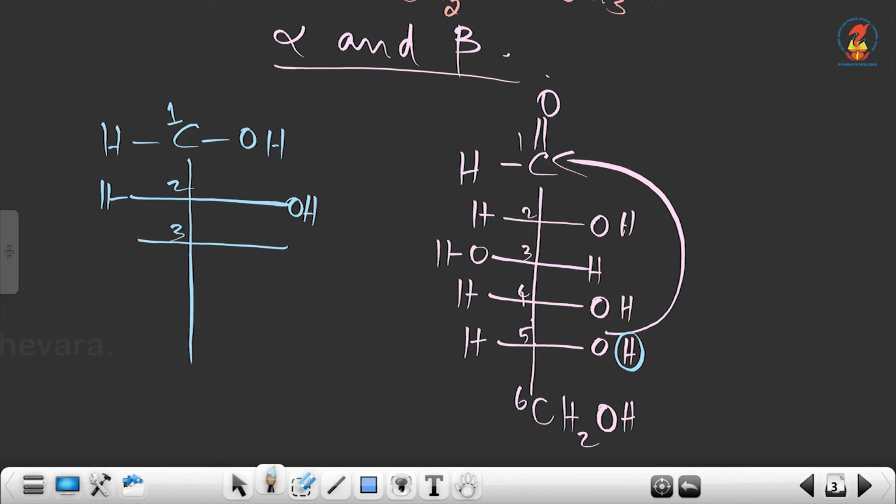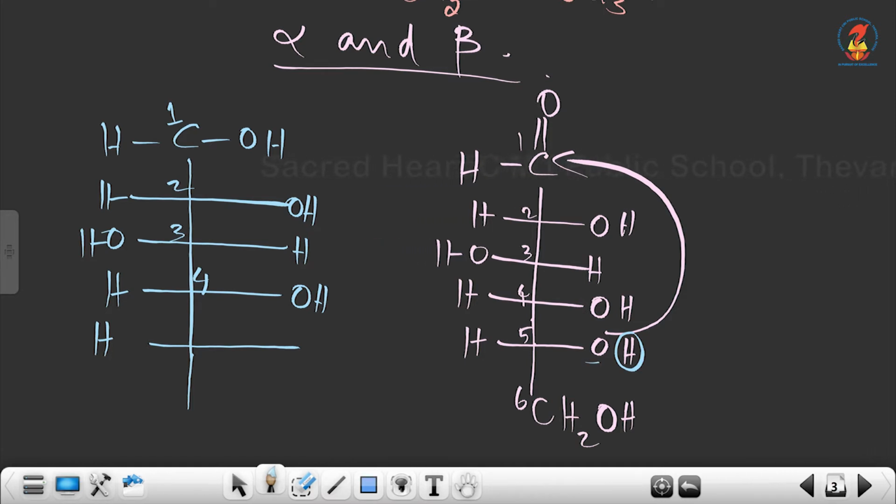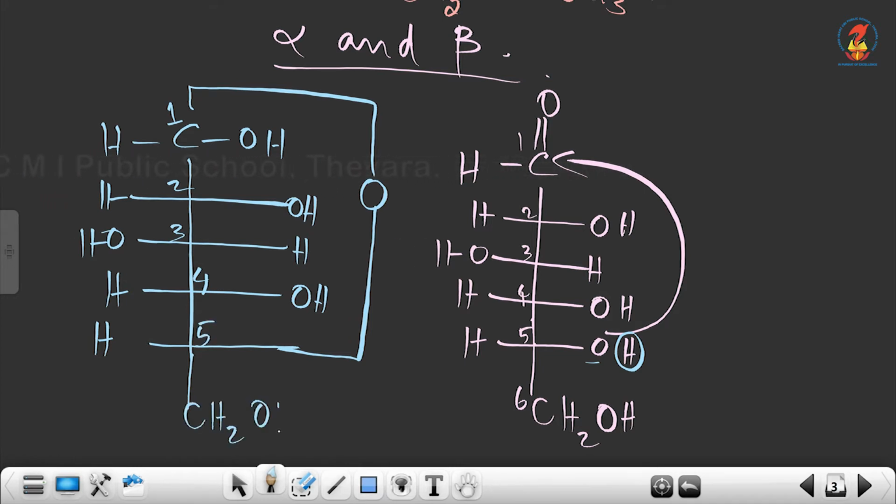Then third carbon we have OHH, no changes here. Fourth carbon we have HOH. Now fifth carbon we have H, and here we have hydrogen added to oxygen, but we have this oxygen left. So that will be in the ring like this. It forms a ring. Now the sixth carbon we have CH2OH.